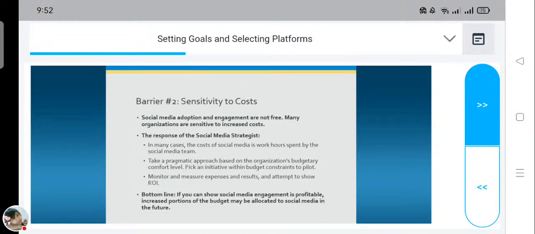Try to pick something that would have a high return on investment, big bang for your buck, so that management will see the value in going forward with other social media initiatives in the future. The bottom line is if you can show that this is a profitable effort, then they will increase portions of the budget next year for more social media engagement, and you can ramp up slowly.